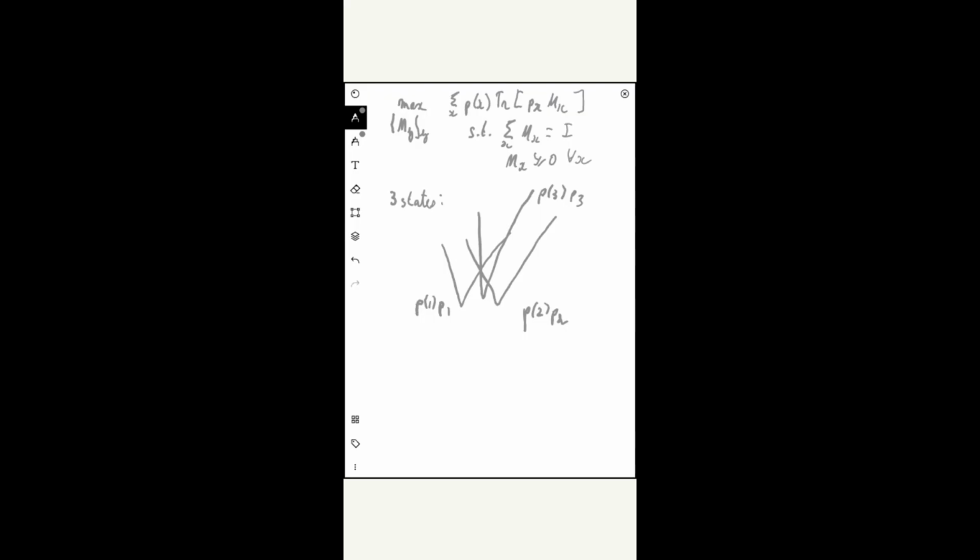And so we see the constraints here, all of them should be semi-positive definite, so it means all of them should be in this set, which represents that Mx is semi-positive definite, it's a kind of semi-positive definite matrices.